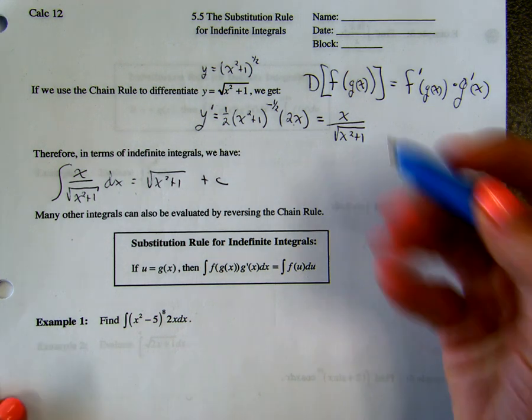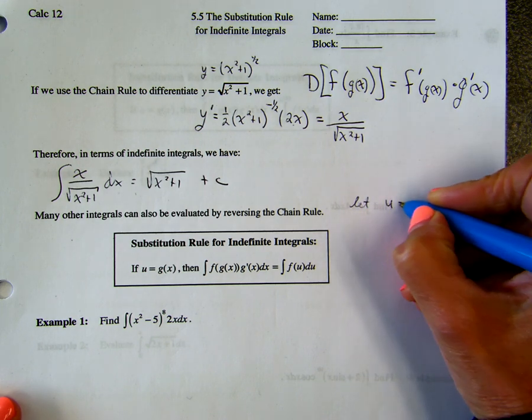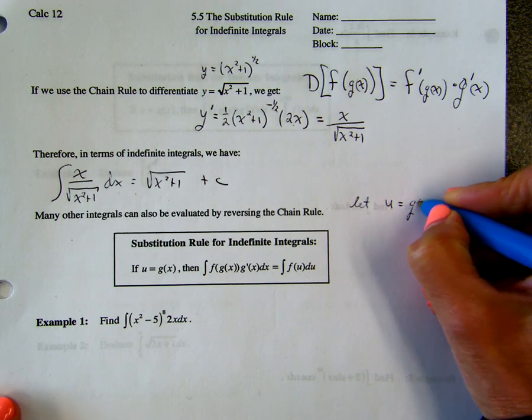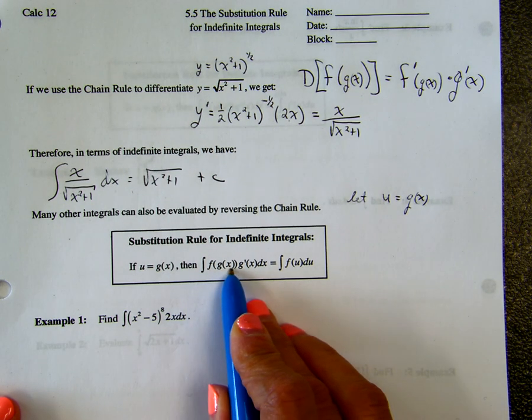Okay, so here's how the substitution works. We let u equal g of x. Okay, so I've got f composed of g of x. I'm letting u equal this inside function g of x.